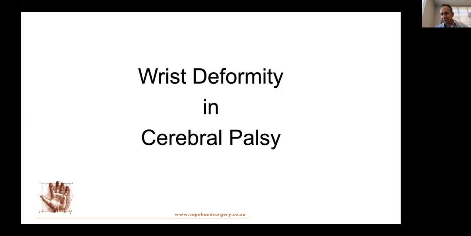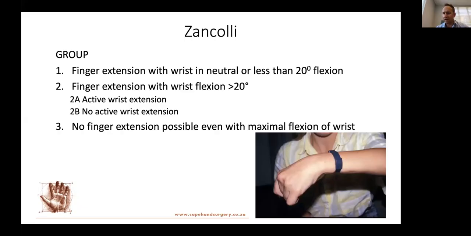As you know, it's a rigid flexion deformity. There's some variation with extension deformities, which I have seen. But the fingers and the wrist work as a unit. And in your surgery, and this is part of the art of cerebral palsy surgery, is to get the balance right.